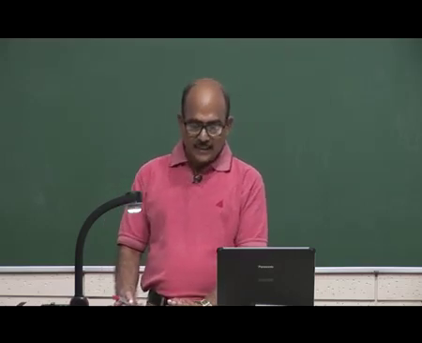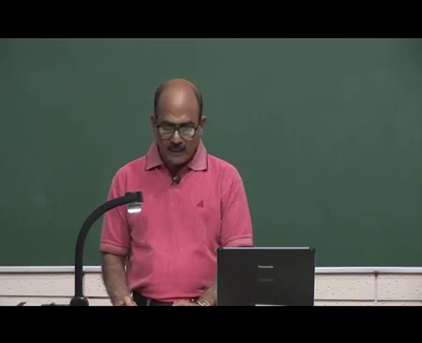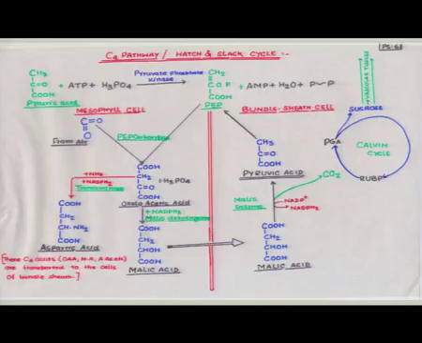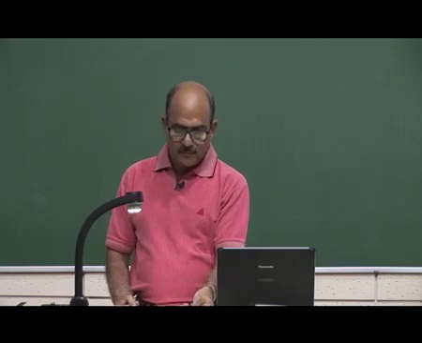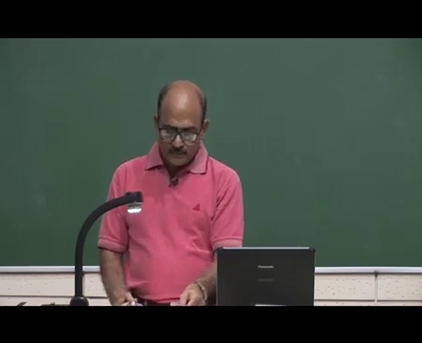But there are certain advantages. The C4 plant can absorb CO2 even from very low concentration, which is not availed by the C3 plant. So, these are the basic differences between the C3 and C4.